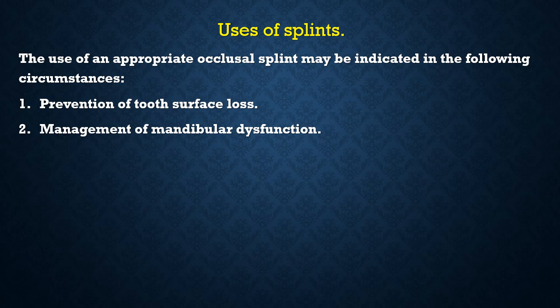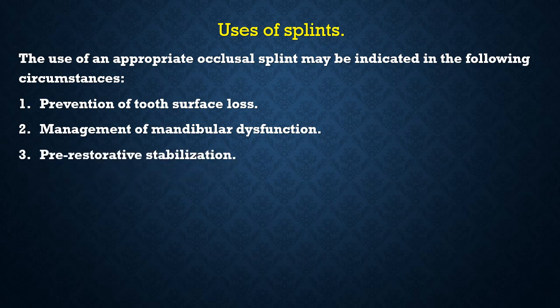So, by routinely wearing an occlusal splint, it might minimize the damage to the tooth surface. And second is in the management of mandibular dysfunction, because many studies have shown that an occlusal splint may be beneficial in reducing the pain experienced in mandibular dysfunction.